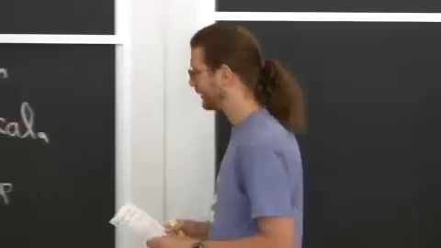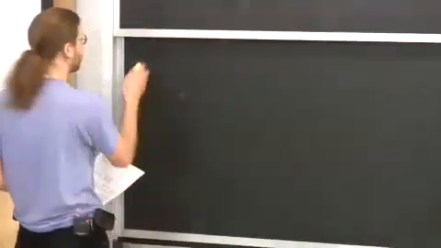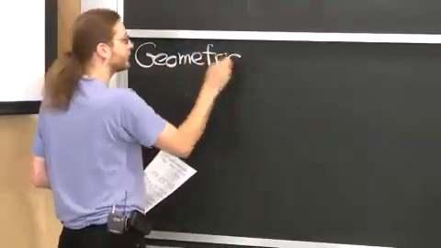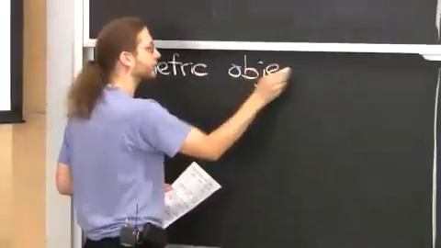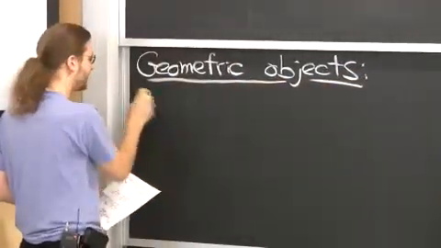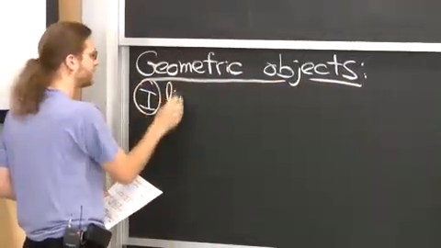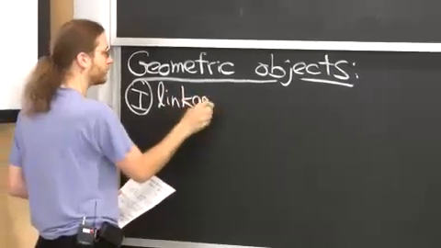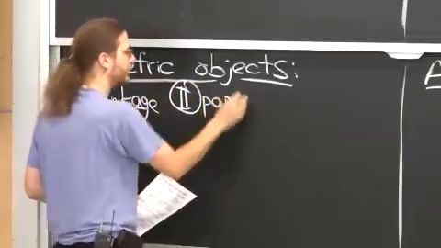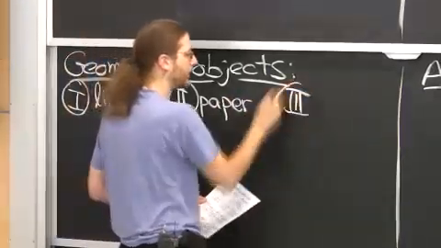Let's dive a little bit into the sort of mathematical structures. So, let's say geometric objects. There are 3 main things that we typically think about: linkages, pieces of paper, and polyhedra.